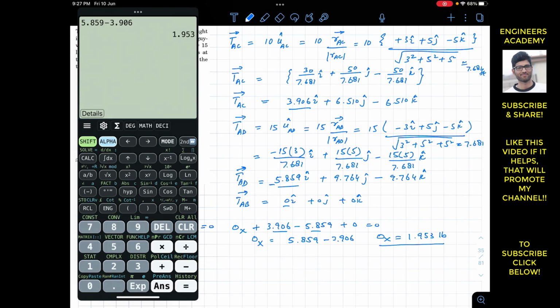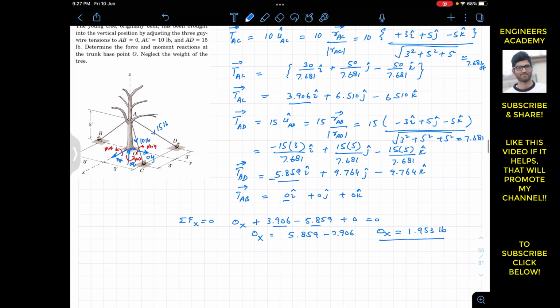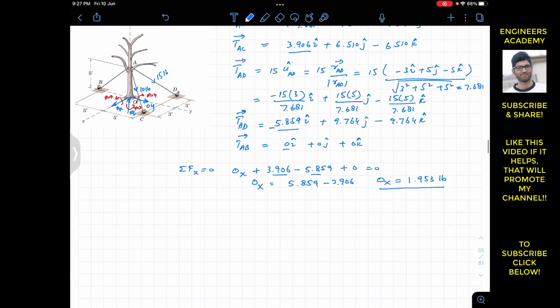So this is OX. Similarly, if we apply the summation of forces along the y direction, that will be equal to 0. So again we have this OY, so I will write OY. Then we will have this plus 6.510, and then we have this plus 9.764, and then we have this 0.